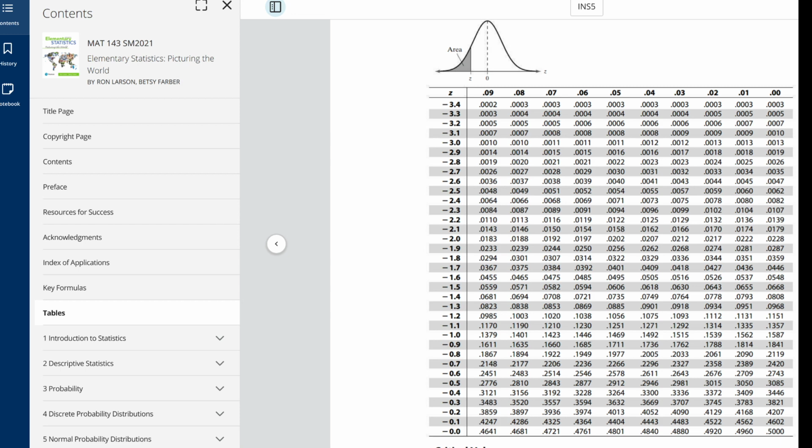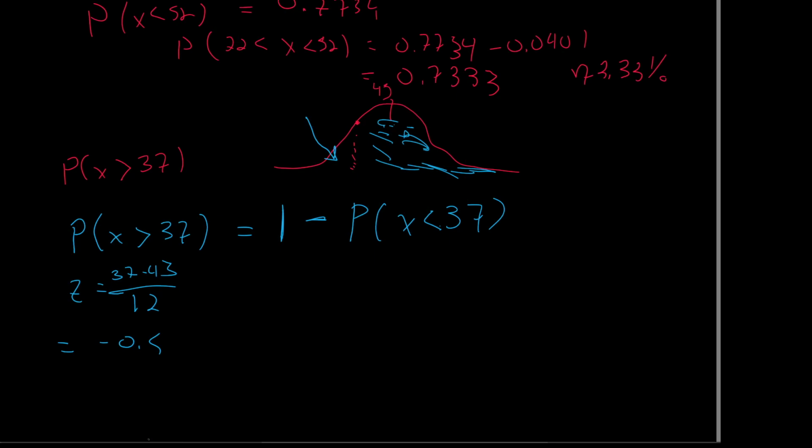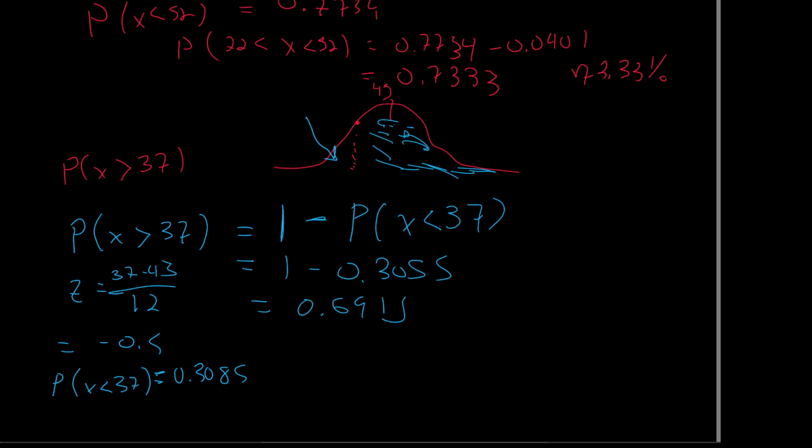So let's come back here. And so the probability associated with x being less than 37 is 0.3085, and so the probability I want, I'm going to subtract, and that gives me 0.6915.